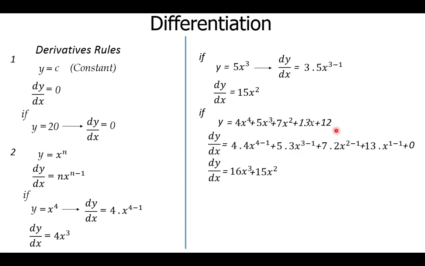Plus, 7 times 2 is 14, 2 minus 1 is 1. That will be 14x, plus 13 times x to the power 1 minus 1. Remember, 1 minus 1 is equal to 0. Anything raised to the power 0 is 1. So that will be 13 times 1, which is plus 13.